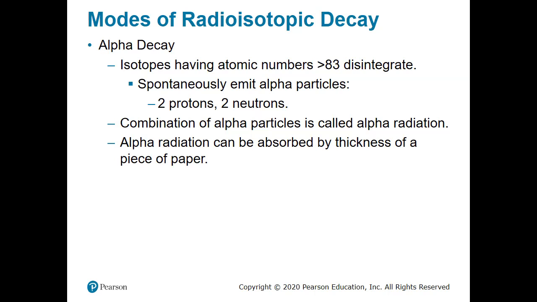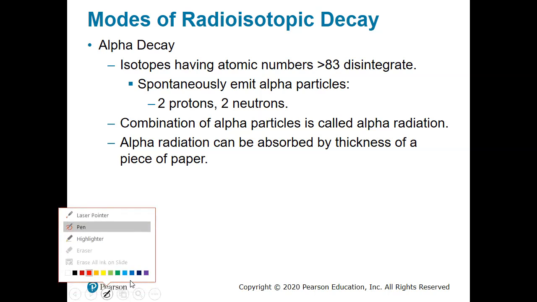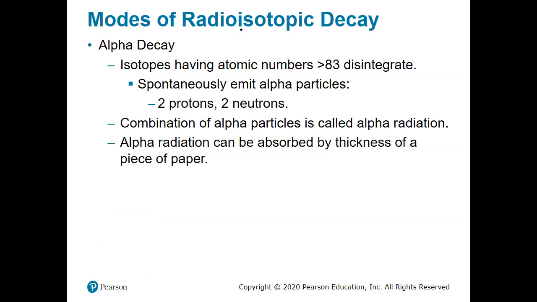Alpha decay. Alpha decay is shown one of two ways. We can either show it as an alpha particle with a mass number of 4 and an atomic number of 2. Alpha being the lowercase Greek letter alpha, which is what that fish symbol means.